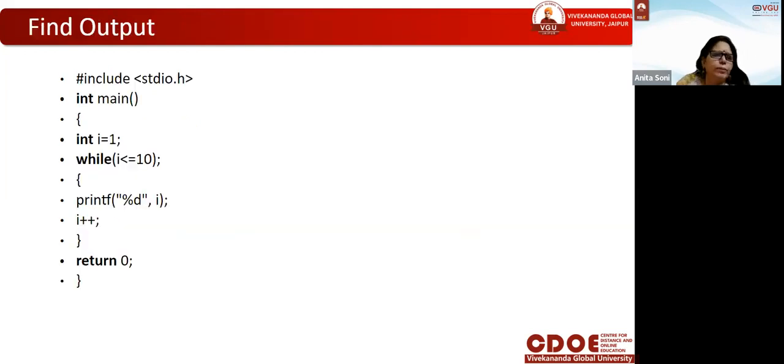Another example, what would be the output here? In main, int i equal to 1, while i less than or equal to 10. It initializes i with 1. So while i less than or equal to 10, you are testing whether i is less than or equal to 10. So what will happen?